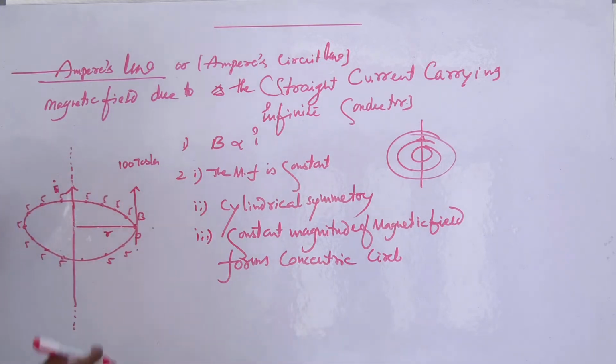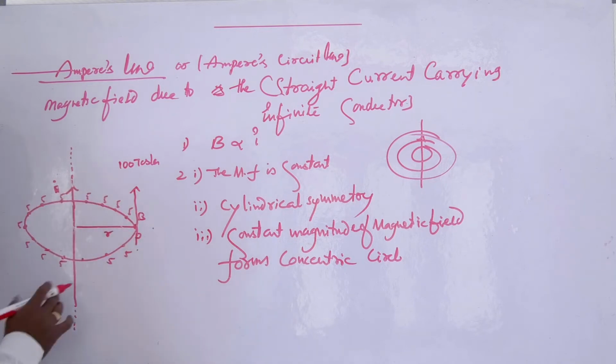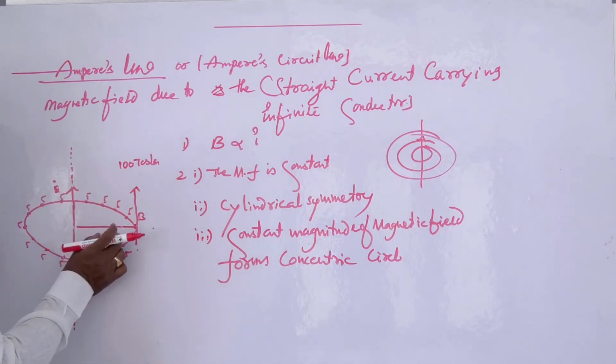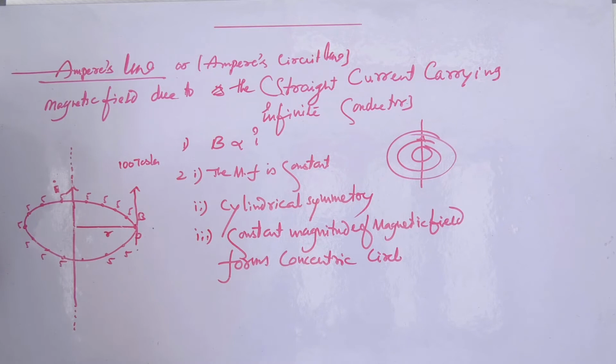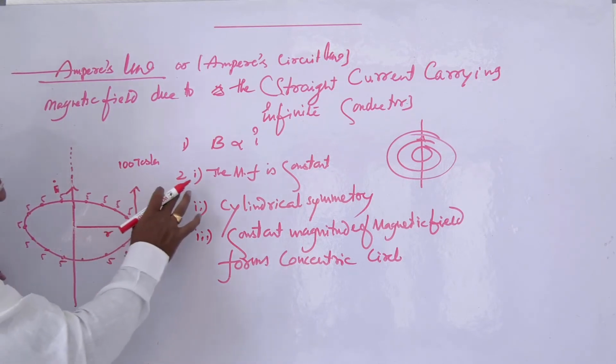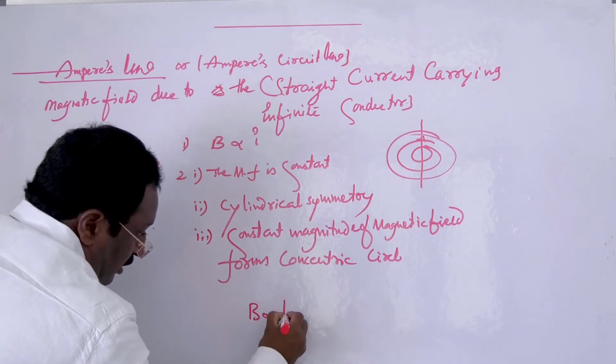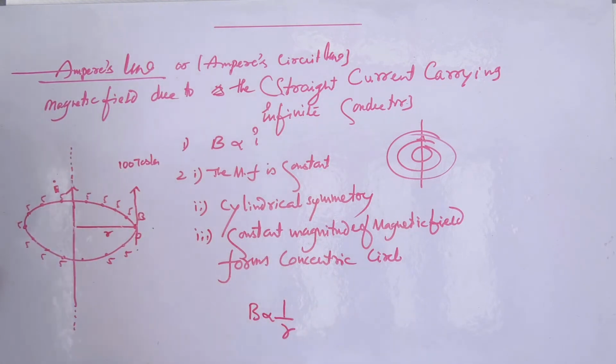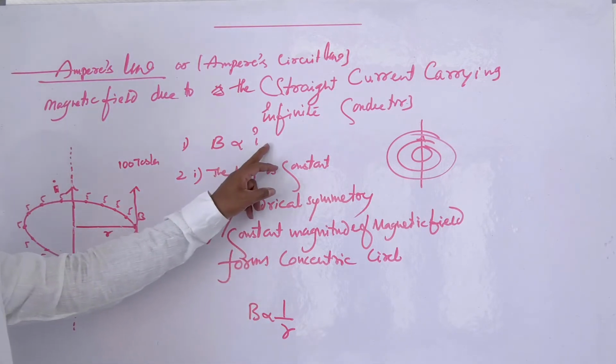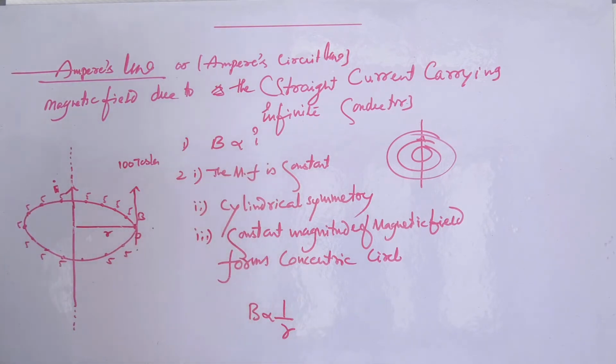Here the magnetic field depends upon only one coordinate, that is the position vector, the distance. Hence we can write that the magnetic field is inversely proportional to the distance. According to Ampere's law, the magnetic field due to a straight current carrying infinite conductor depends on only two factors: one is current, the other is distance. Not square. B is proportional to I, and B is proportional to 1/r.